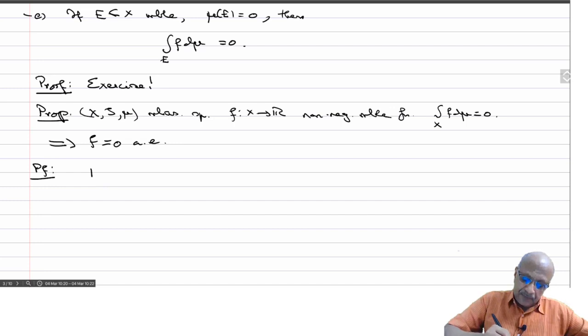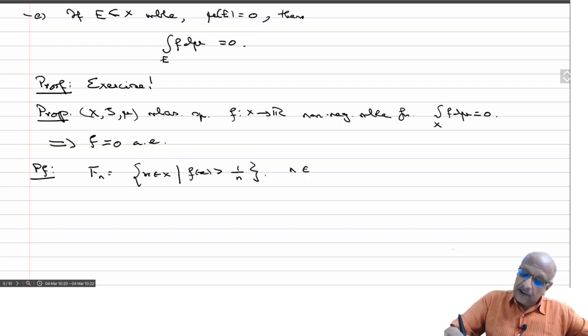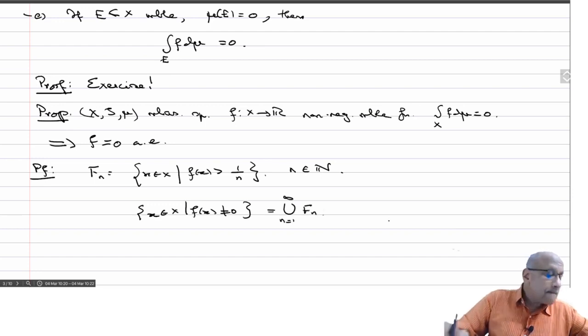Okay, so let F_n equal the set of all x in X such that f(x) is bigger than 1/n. I don't have to put a modulus because we are dealing with non-negative functions, and this is true for all n in N. Okay, then the set of all x in X such that f(x) is not equal to 0 is nothing but the union n equals 1 to infinity of F_n.